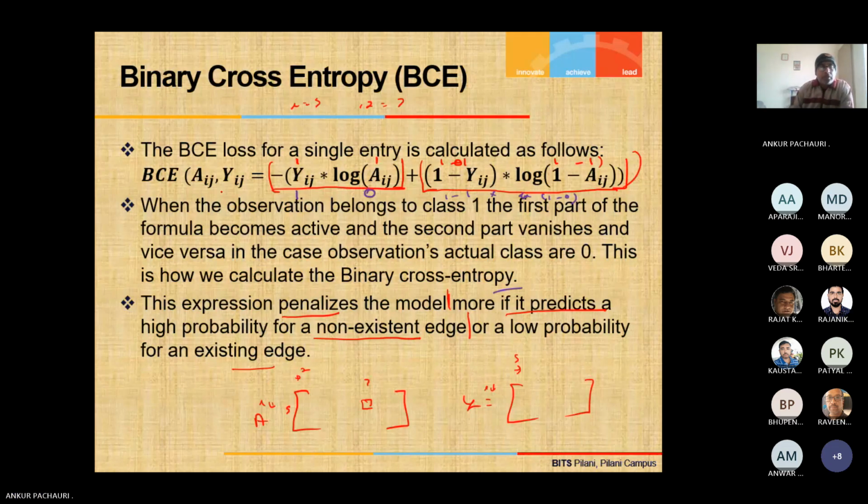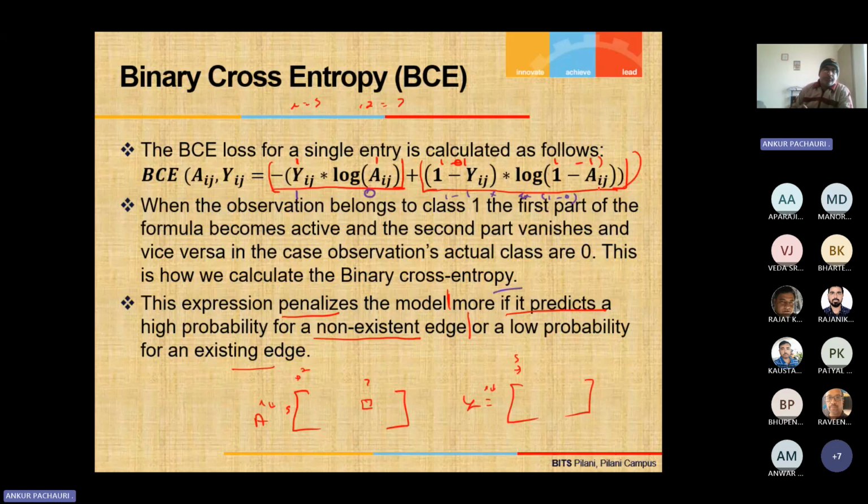So the binary cross entropy of A and Y is given based on the formula: Yij times log Aij, plus (1 minus Yij) times log(1 minus Aij).